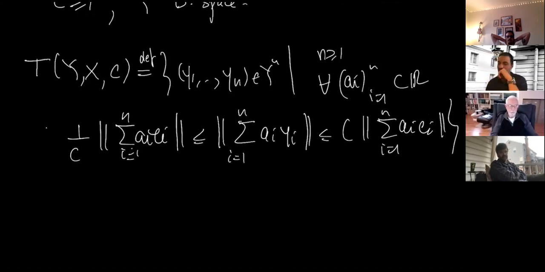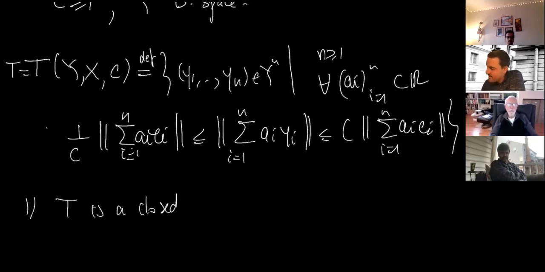So let me write T to be this. T is easily seen to be a closed tree over Y.